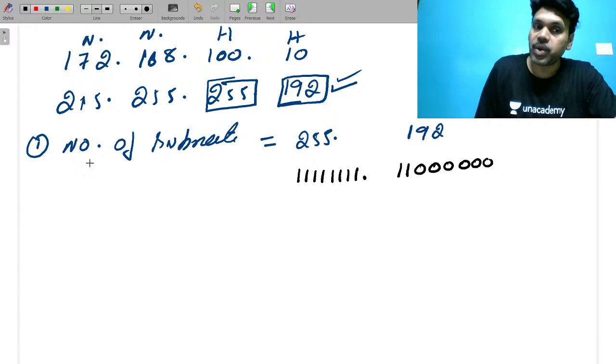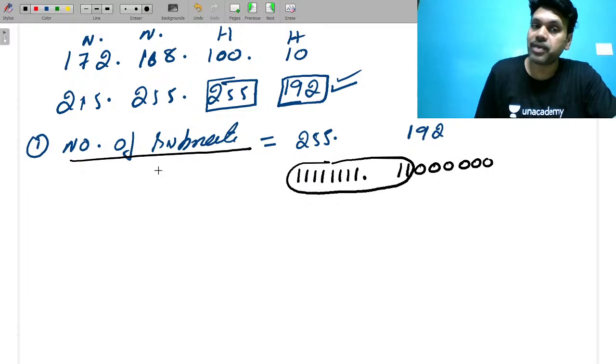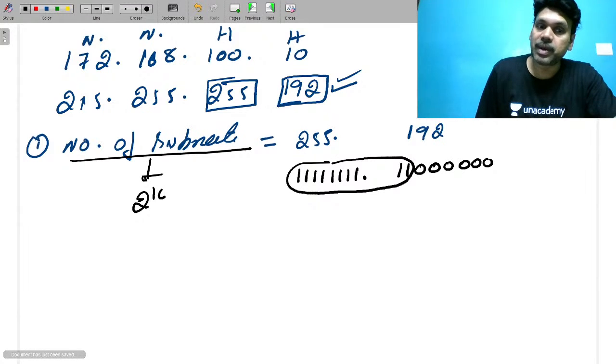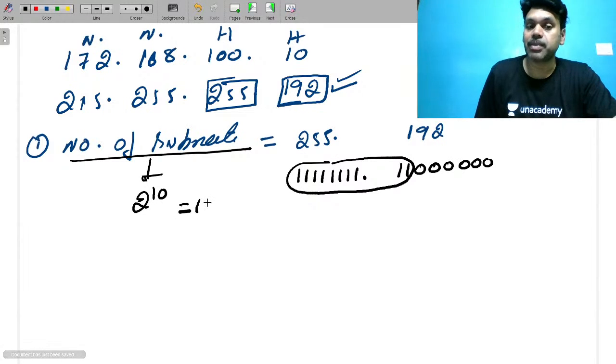Now for the number of subnets, how many ones are there? There are 10 ones. So 2 power 10 subnets, which is 1024 subnets.